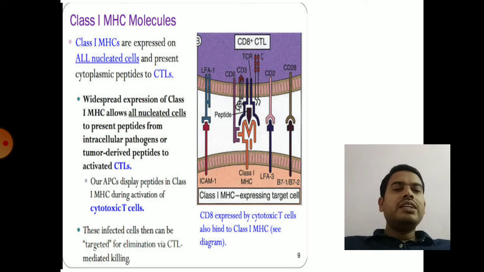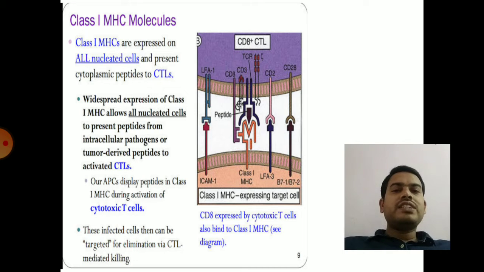So as I mentioned, class 1 MHC molecules are present on all cells which contain the nucleus. So these class 1 MHC molecules, they process the antigen.